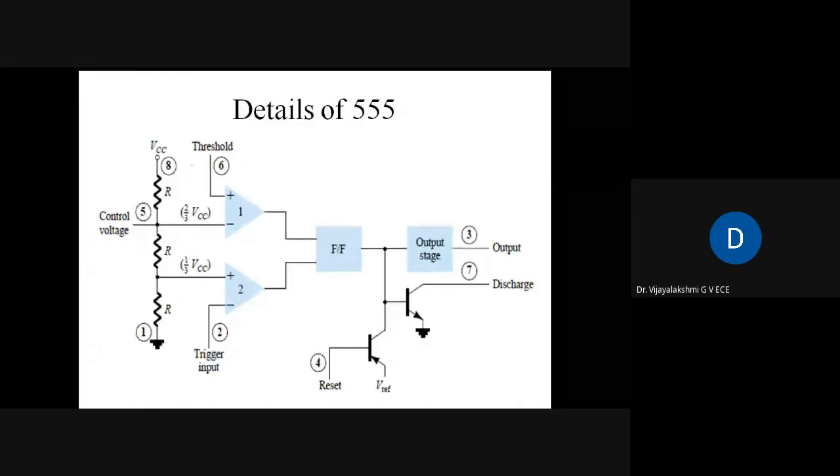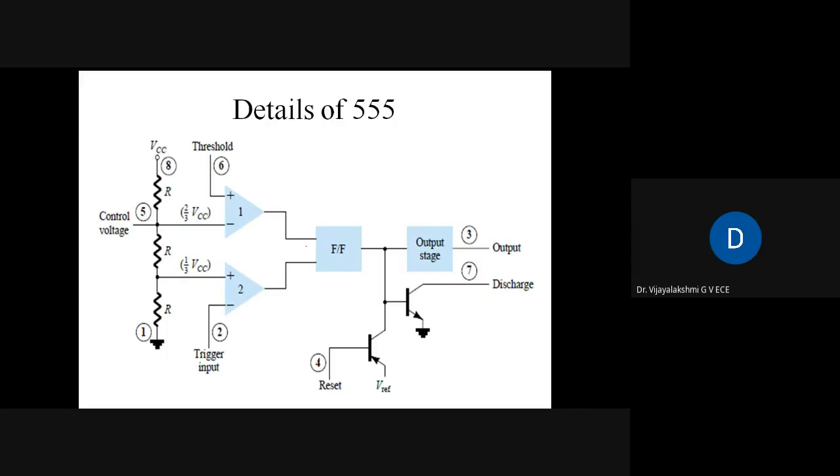So for each pin, where are we taking it? You can see here where each pin is connected. Okay, so first let me talk about the internal circuitry. Then we'll relate this internal circuitry with the pin diagram.